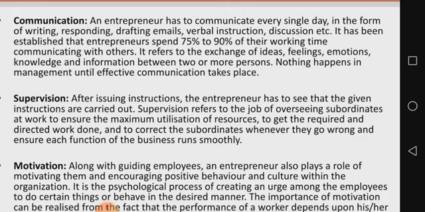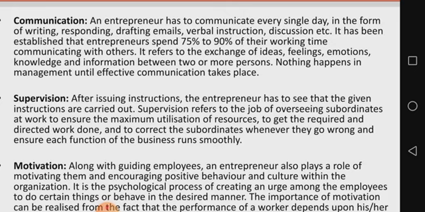Next, supervision. After issuing instructions, the entrepreneur has to see that the given instructions are carried out. Supervision refers to the job of overseeing subordinates at work to ensure the maximum utilization of resources to get the required and directed work done, and to correct the subordinates whenever they go wrong, and ensure each function of the business runs smoothly.